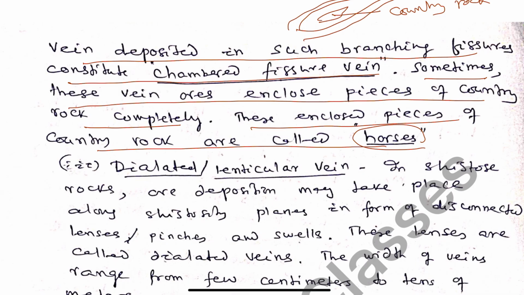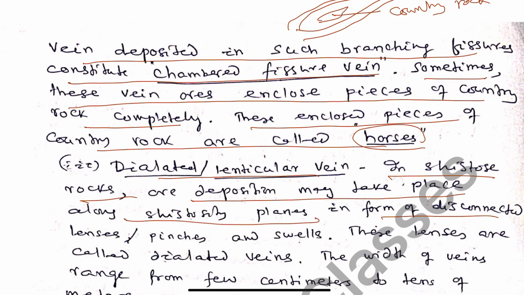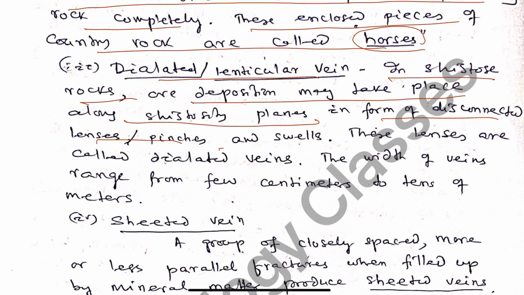This type of deposit, chambered, or it may be dilated or lenticular vein, like lenticles. In schistose rocks, ore deposition may take place along schistosity planes in the form of disconnected lenses, pinches and swells.